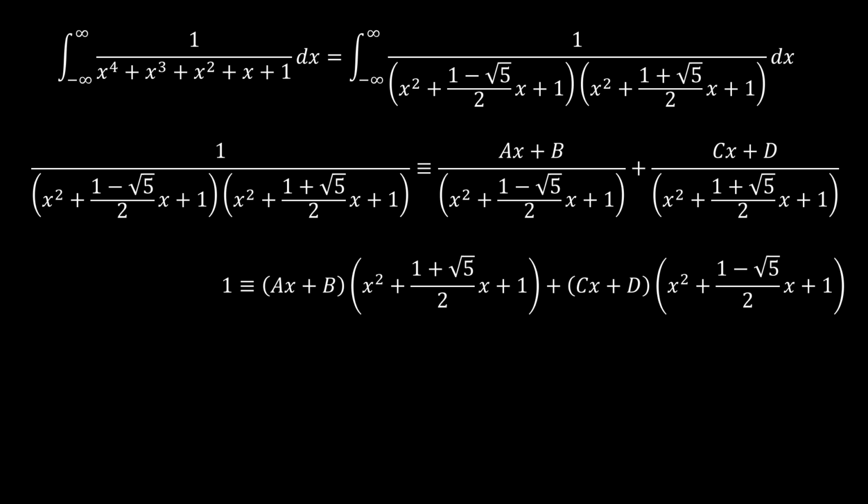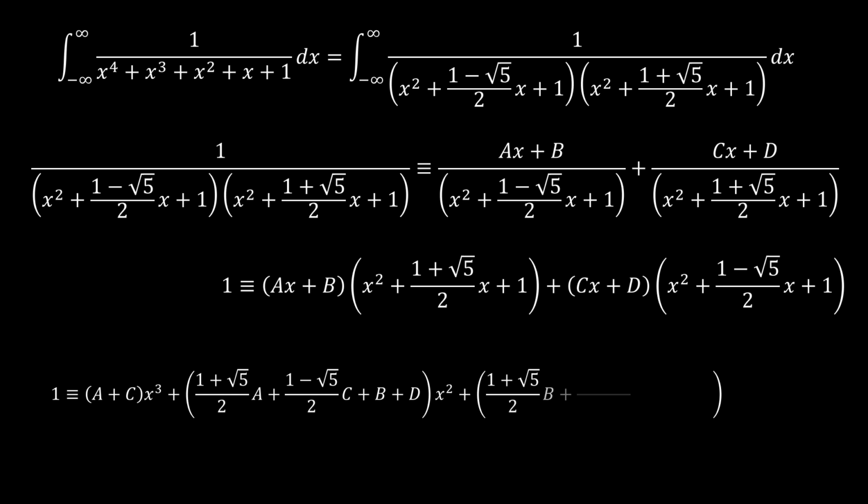And then we continue expanding the product on the right hand side and collecting like terms together. We get (a plus c) times x cubed, plus ((1 plus root 5)/2 a plus (1 minus root 5)/2 c plus b plus d) times x squared, plus ((1 plus root 5)/2 b plus (1 minus root 5)/2 d plus a plus c) times x, plus b plus d.